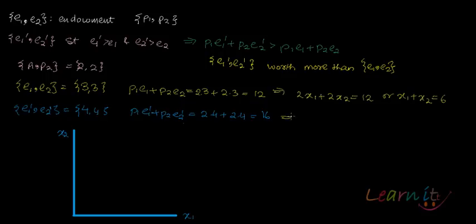Clear? And the second budget line is basically 2x1 plus 2x2 is equal to 16, or x1 plus x2 is equal to 8. This is what you have.